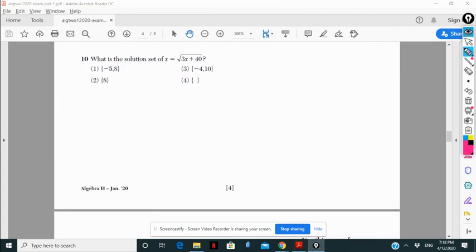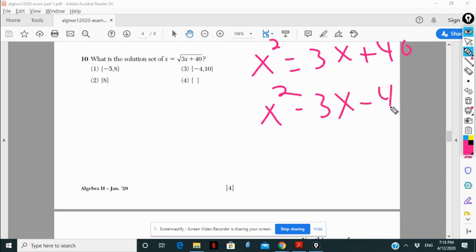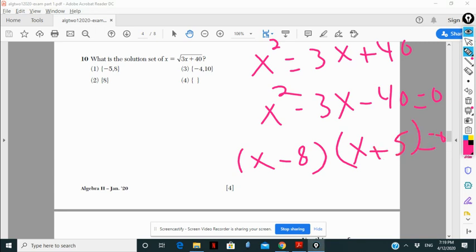What is the solution set? First I'm squaring both sides. I got x squared equal to 3x plus 40. All of them on one side: x squared minus 3x minus 40 equals 0. I factorize: x minus 8, x plus 5 equals 0. So x equals 8 and x equals negative 5. One of them is going to work.